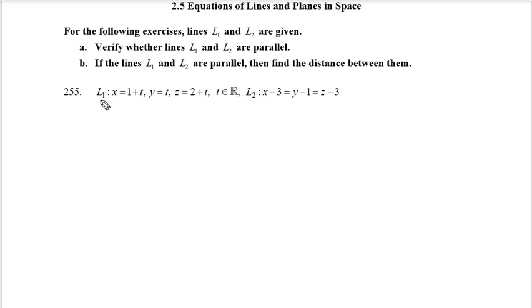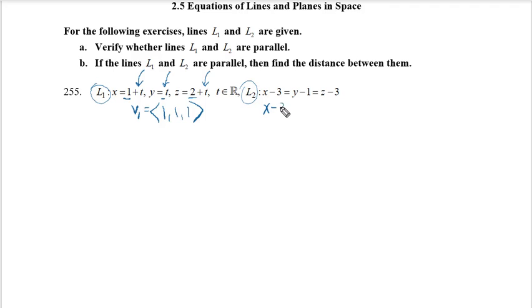Looking at the equation for line 1, we see that it goes through the point 1, 0, 2, and it has a direction vector of 1, 1, 1. So the direction vector for line 1 is 1, 1, 1. Line 2 is written in symmetric form. So again, we're going to convert this.